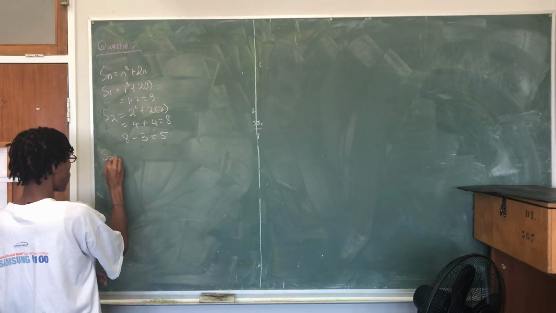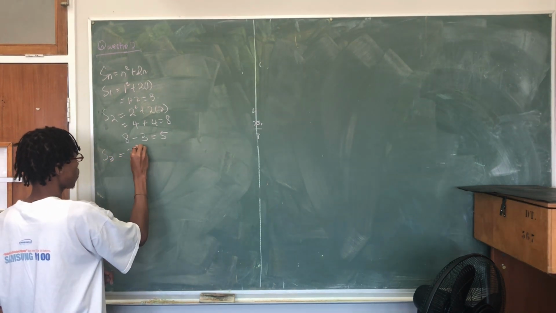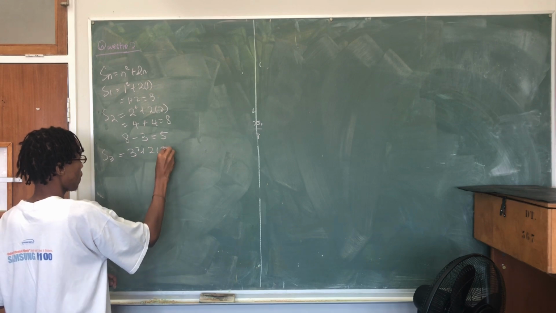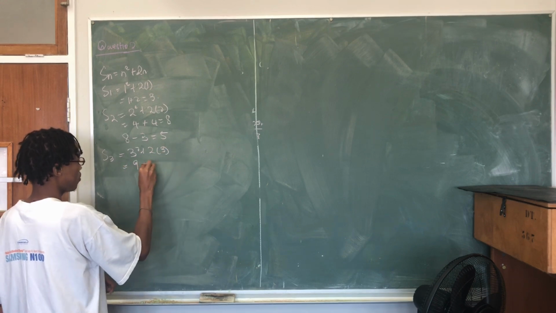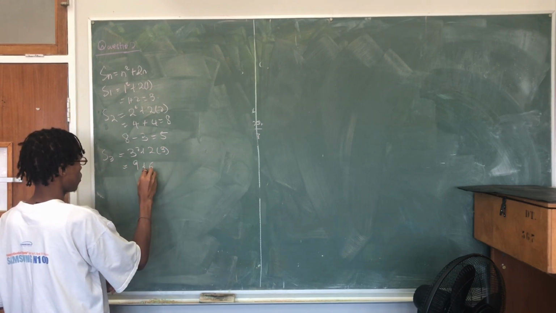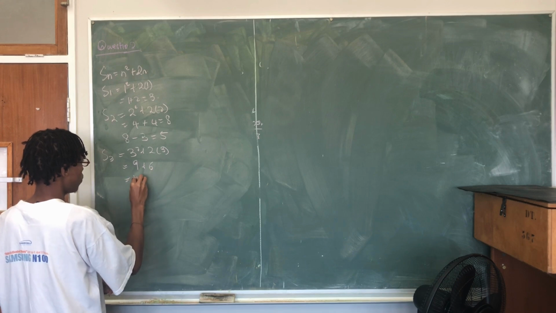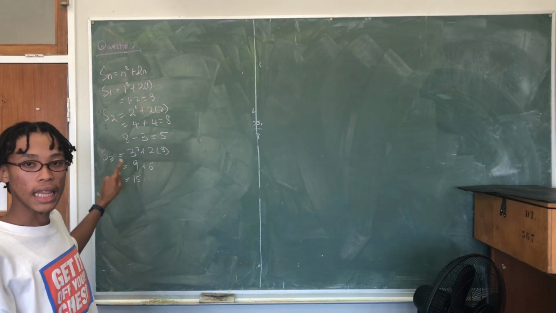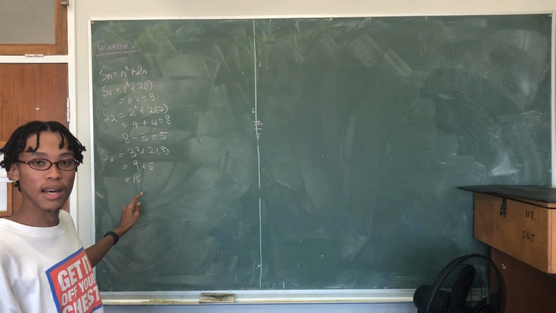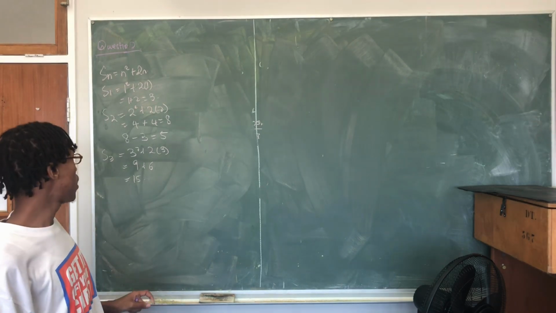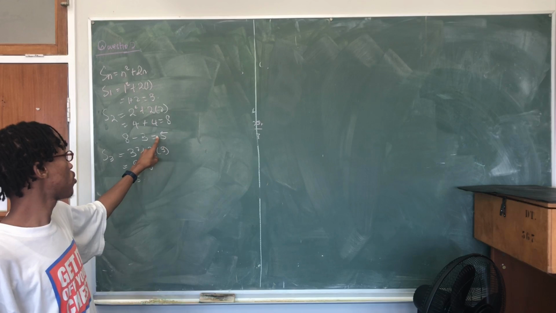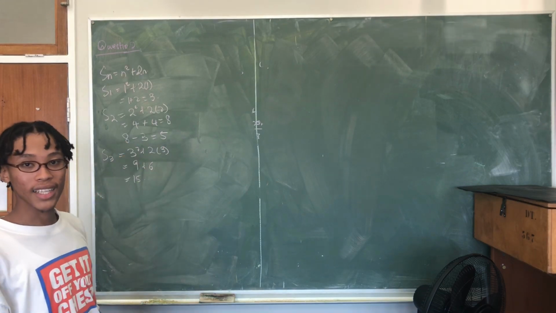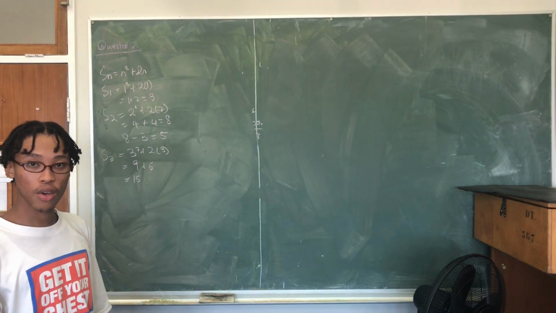Now, S3 is 3 squared plus 2 times 3, 9 plus 6 is equal to 15. S3 is equal to 15. This 15 represents the sum of the first 3 values, but because we already know the sum of the first 2 values, which is 8, we can get the value of the third term.